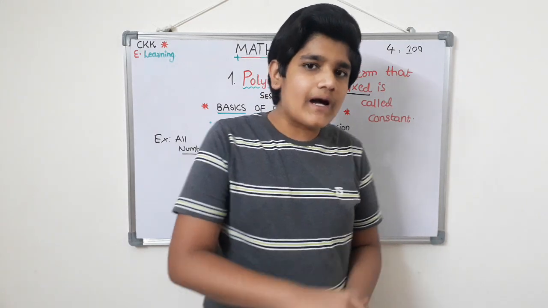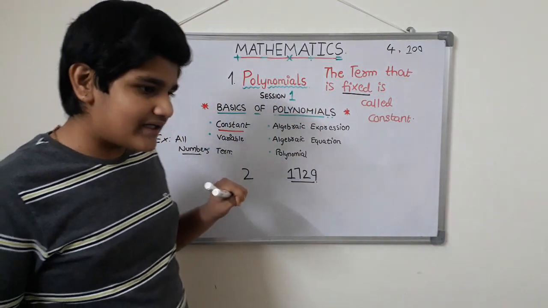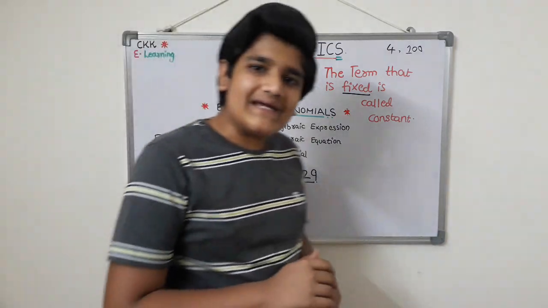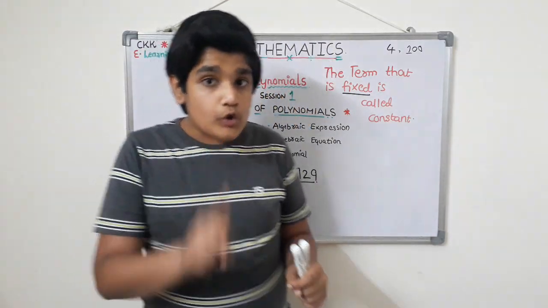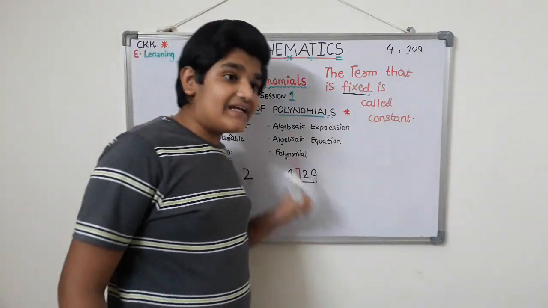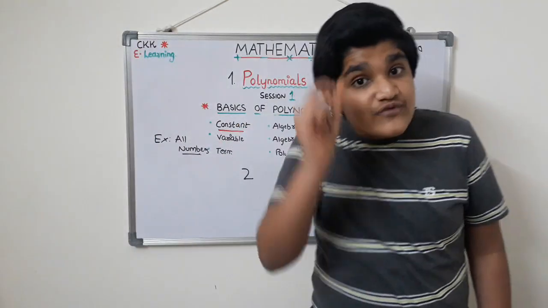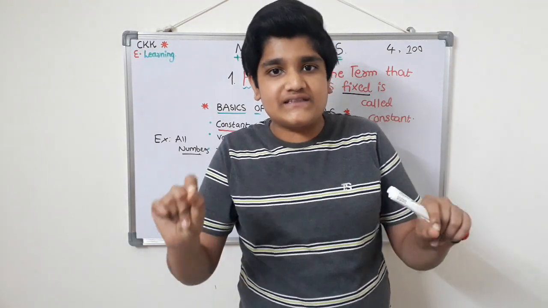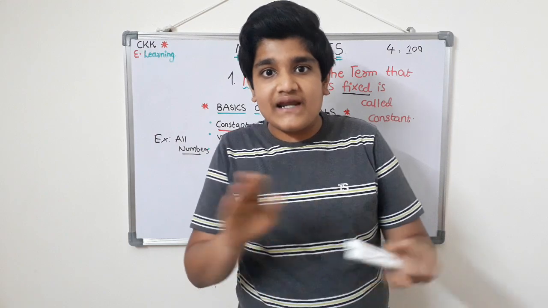In India we say the Ramanujan number is 1729. Abroad they say the Ramanujan number is 1728. Is it correct? No. In the whole world the Ramanujan number is just 1729, which means it is fixed. The value of the Ramanujan number never changes.